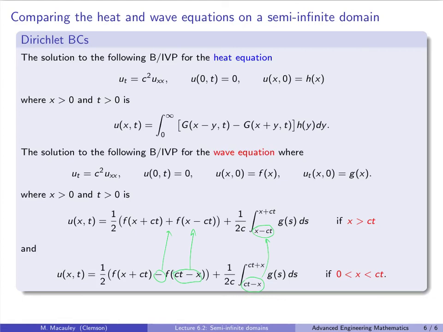Okay, so that takes us to the end of this lecture. In this lecture and the previous, we have seen how to solve PDEs on infinite and semi-infinite domains. There's actually another way to do this, and that's going to be the topic of the remainder of this section: using Fourier and Laplace transforms. Recall that a Laplace transform takes a function of t to a function of s, and a Fourier transform takes a function of x to a function of ξ.